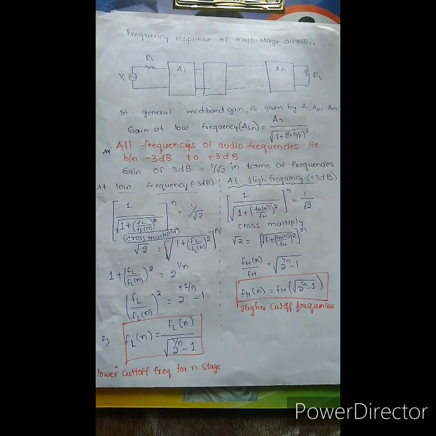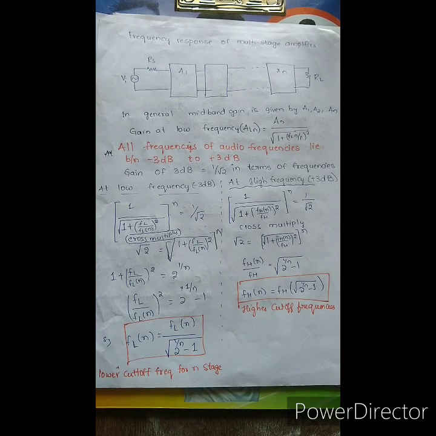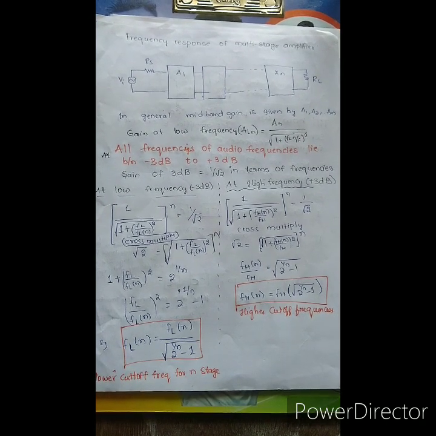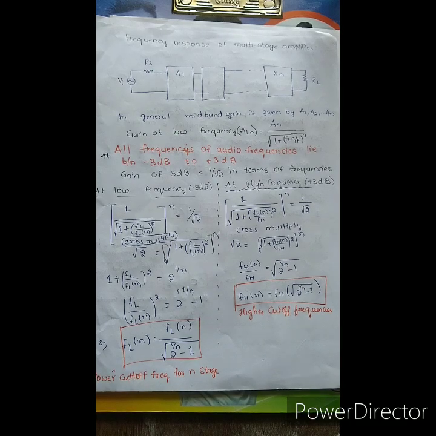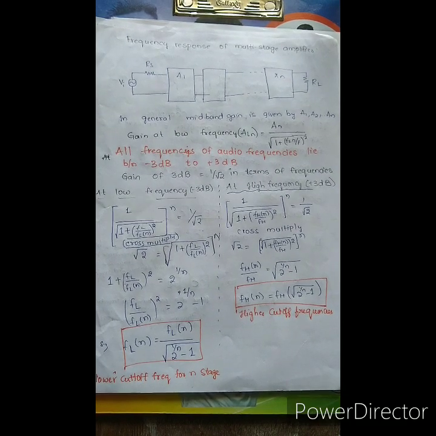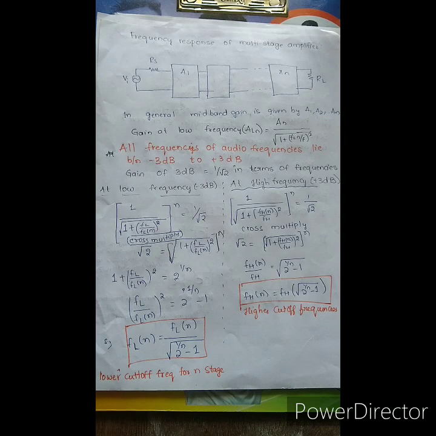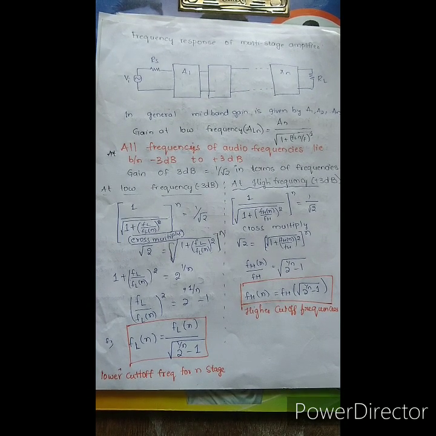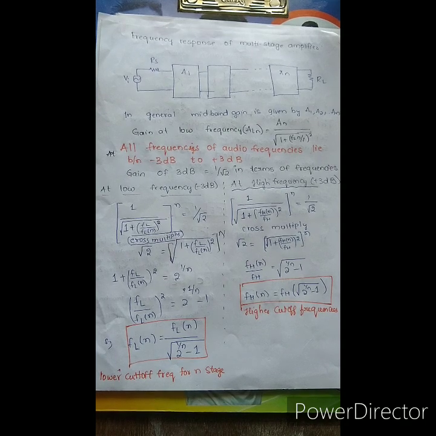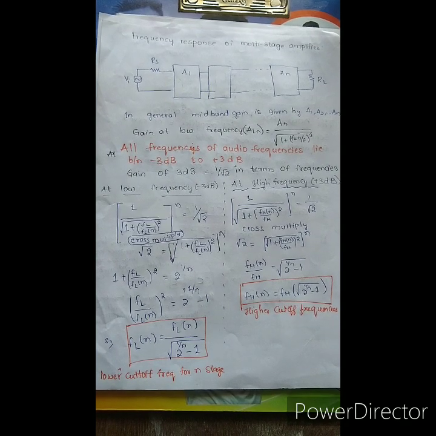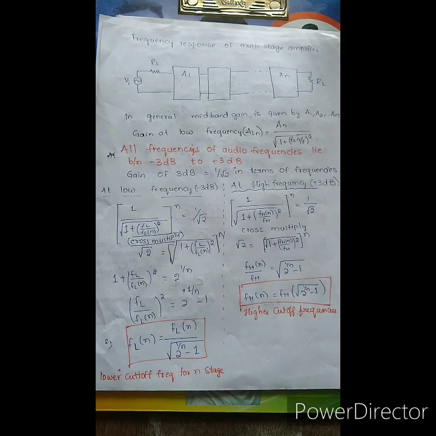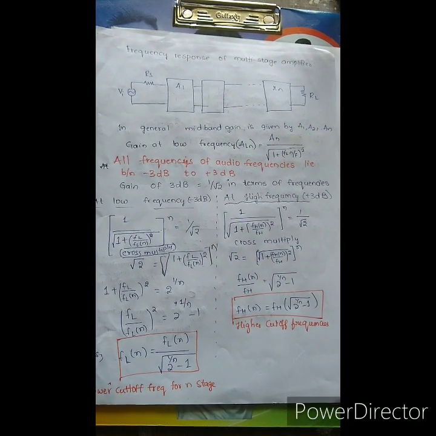By cross multiplying, root 2 equals under root 1 plus FL by FLn whole square, whole power n. Using simple mathematics, we get FLn, the lower cutoff frequency of the n stage amplifier, equal to FL by under root 2 power 1 by n minus 1.